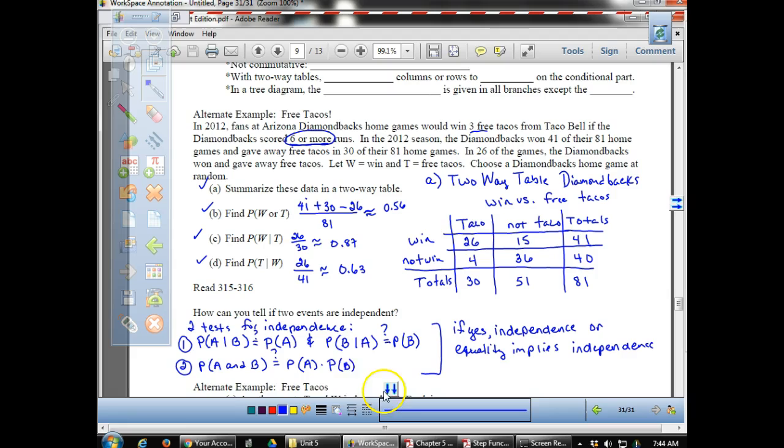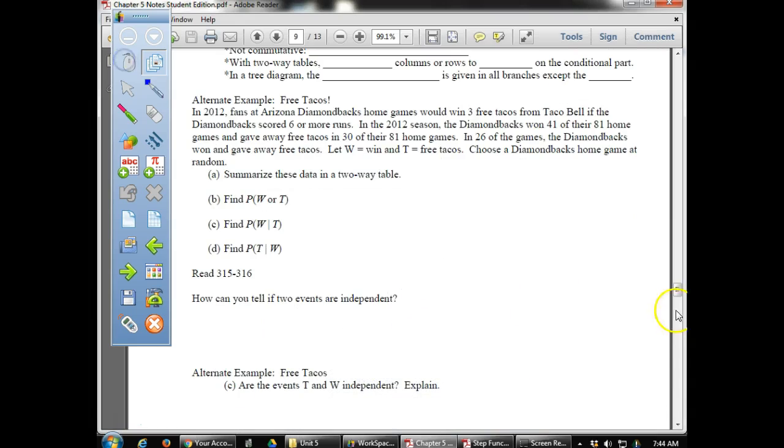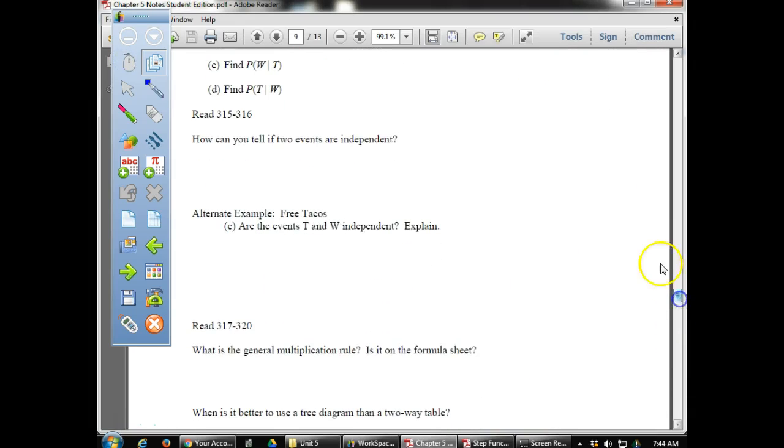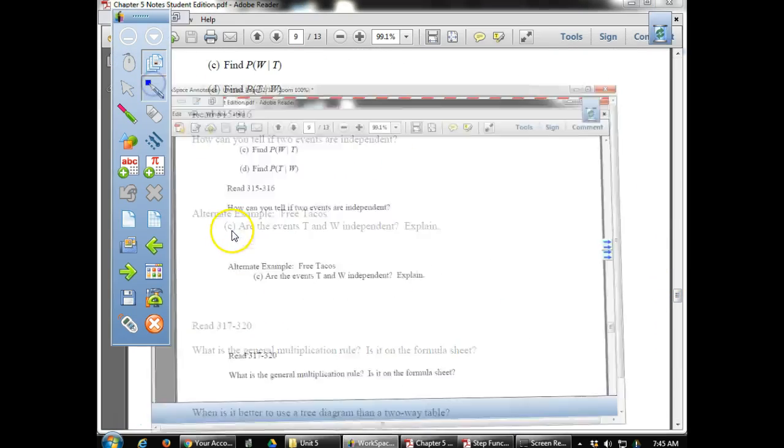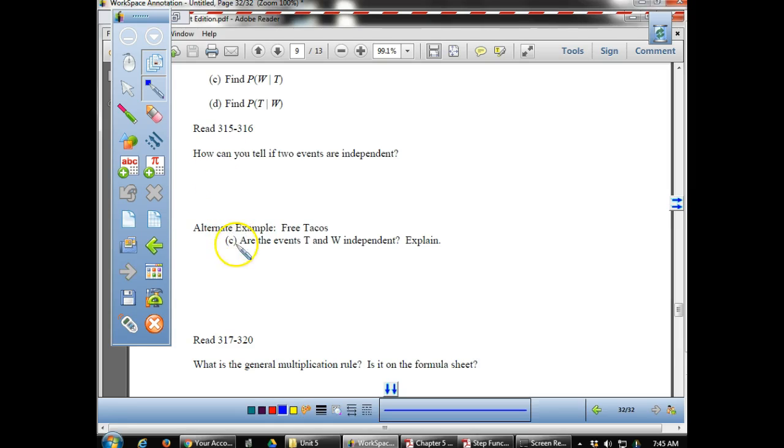Okay, so let's do the next question here. It says, are the events taco, winning tacos, or getting free tacos, and winning independent? So let's look at that. And I can use either of the two tests.